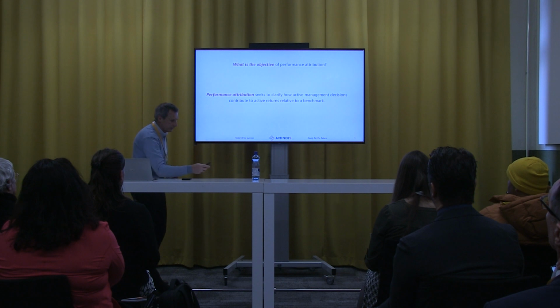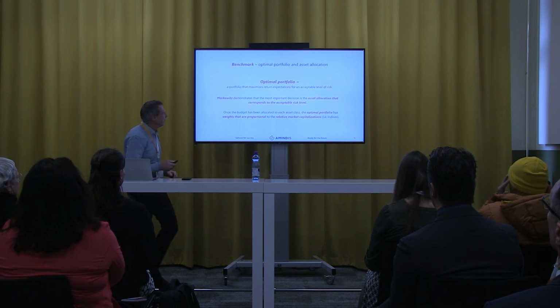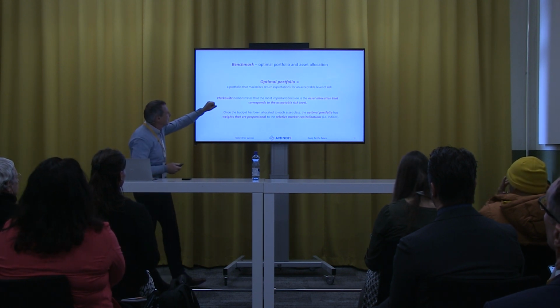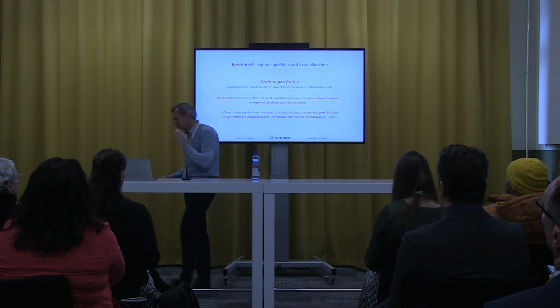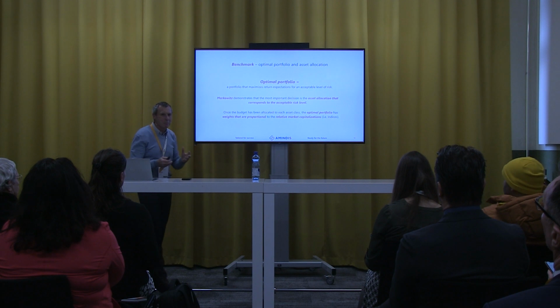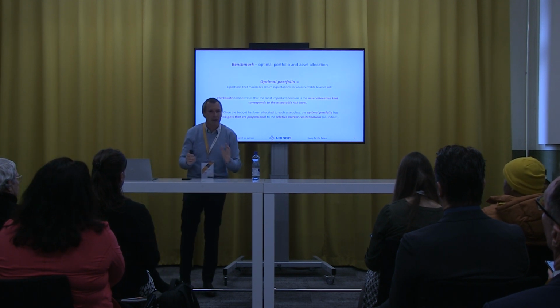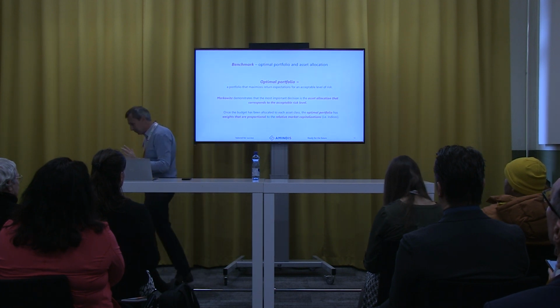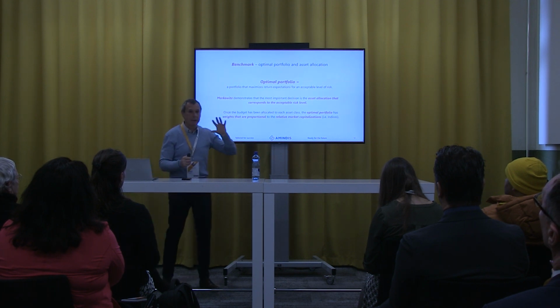So I won't adapt to it. Maybe at slides 20, 25, I will adjust to this comment. So we need an optimal portfolio. If you're familiar with the theory of Markowitz, or you have heard about it, it told us that the best investment solution is first the asset allocation.